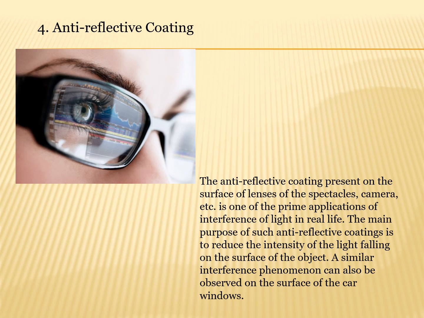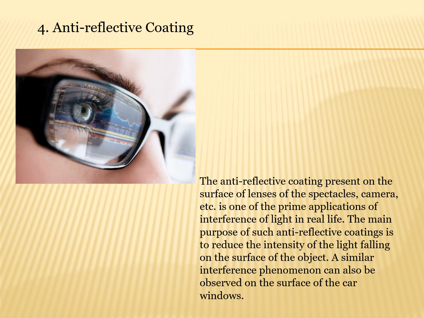The next example in day-to-day life based on the interference phenomenon is anti-reflective coating. This anti-reflective coating present on the surface of lenses of spectacles and camera lenses is one of the prime applications of interference of light in real life.